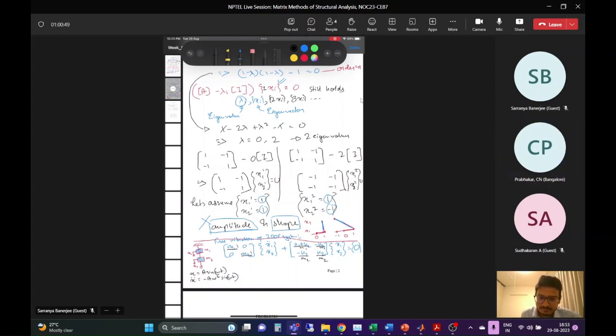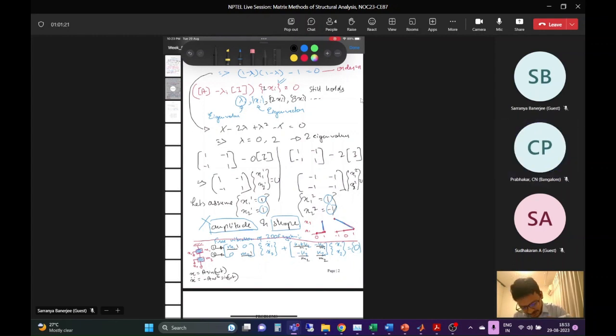Why dividing by m1, m2? In the first equation, I am dividing the whole equation by m1 and the whole second equation by m2. You will understand in the next step why I did that. But just understand that this is possible.